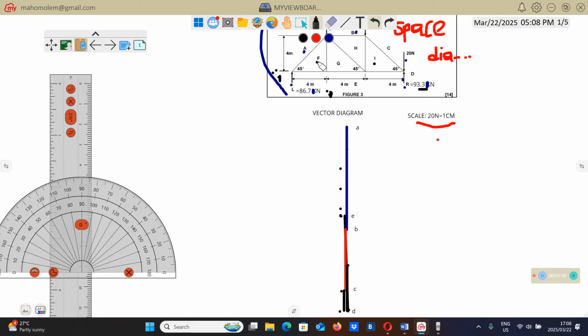Right. So to find the location of F, we are going to use the adjacent spaces, the neighboring spaces.